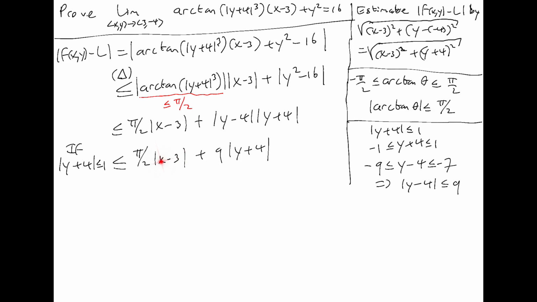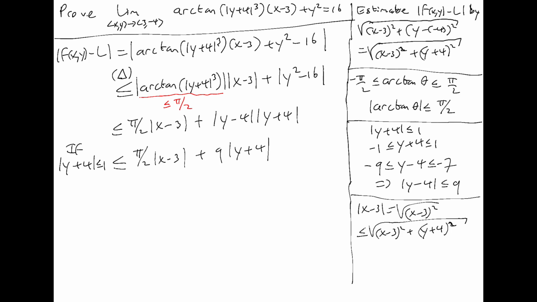We have the absolute value of x minus 3 and the absolute value of y plus 4. And we need to rewrite it in terms of this over here. So for that we do a similar trick as in the previous video. So the absolute value of x minus 3, that's the square root of (x-3) squared. And that's less or equal than the square root of (x-3) squared plus (y+4) squared, right? Because I'm adding something positive, and the square root is monotone.